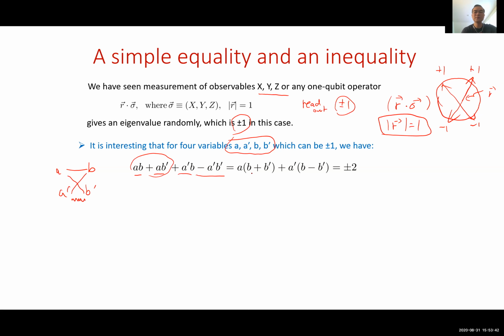This is A times (B plus B prime) plus A prime times (B minus B prime). And you can convince yourself that you can only get plus 2 or minus 2. Because if you consider B plus B prime, it can be plus 1, minus 1, or plus 1, plus 1, minus 1, 1, minus 1, minus 1. What can it be? It can add to 0, right? It can add to 0.